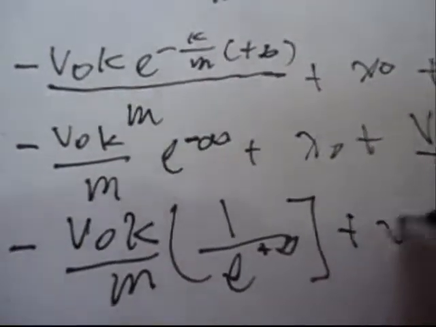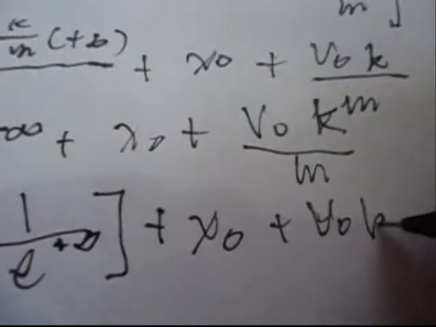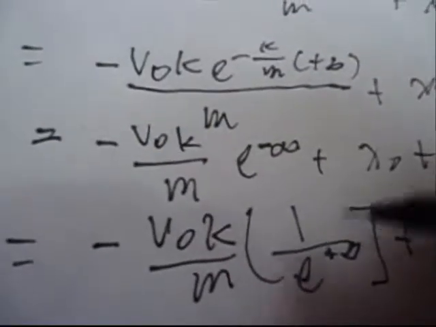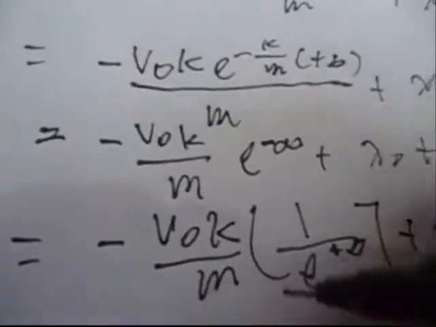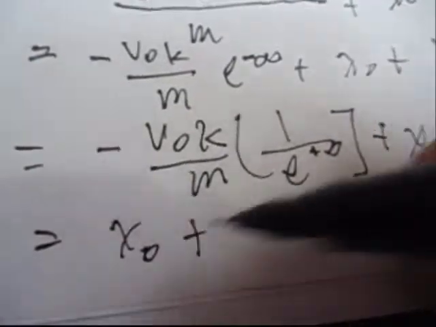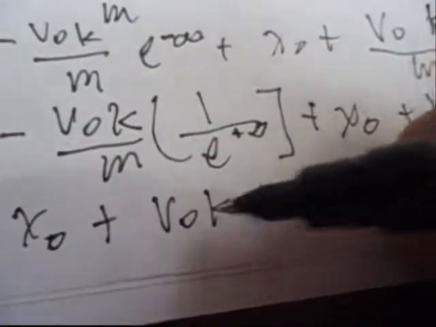So this e here will become 0, and negative v sub o m over k times 0 equals 0. So we have the remaining expression x sub o plus v sub o m over k, and that is our x as t approaches positive infinity.